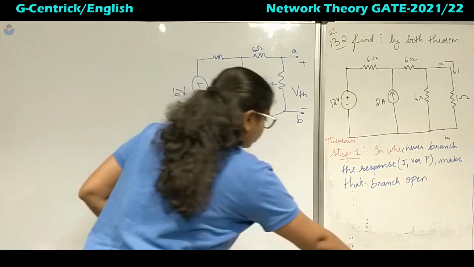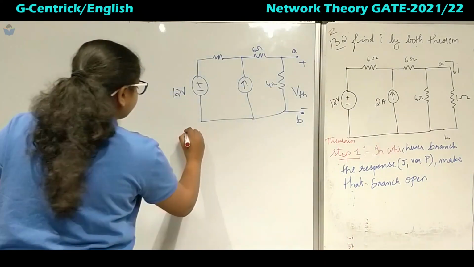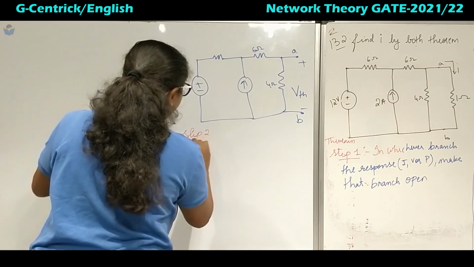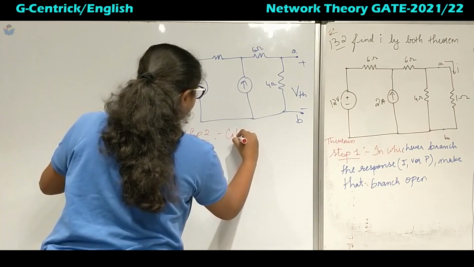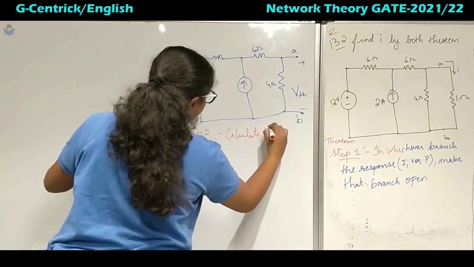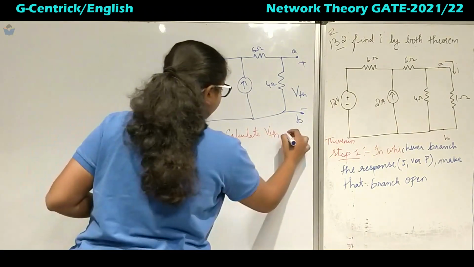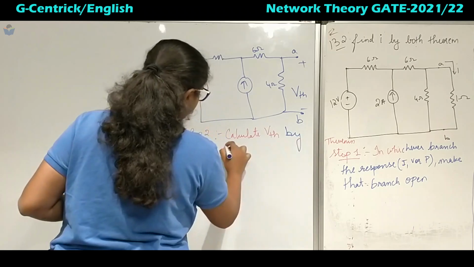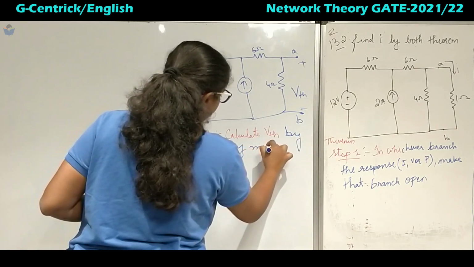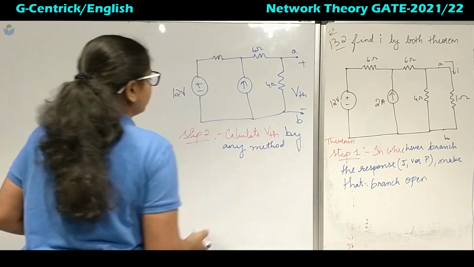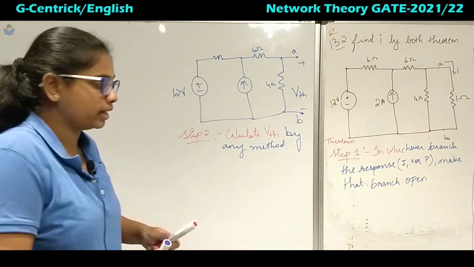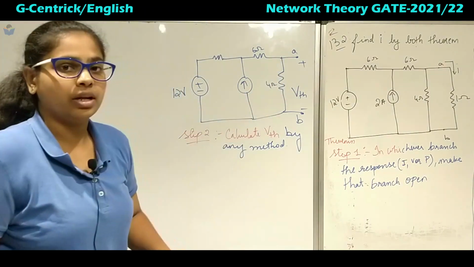Next, step 2 says calculate VTH. We have to calculate VTH by any method. With the help of any method that we have learned till now, we have to find this terminal voltage.